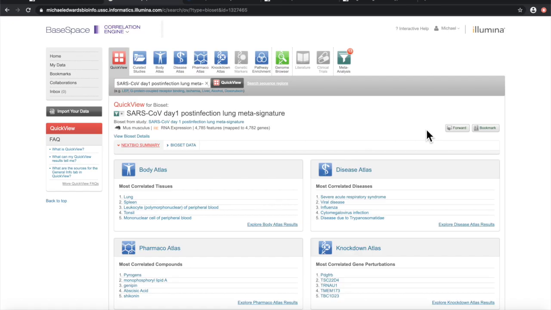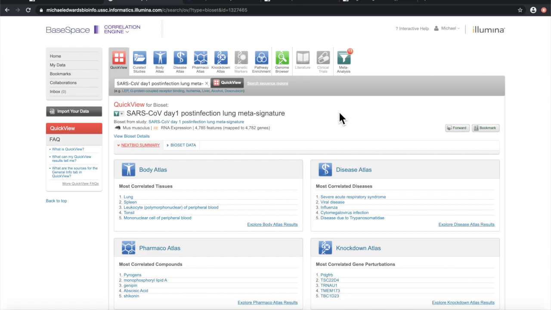As I mentioned in my previous section on collecting the data, I decided to use BaseSpace Correlation Engine because it allowed me not only to identify and download our studies of interest, but I could also use the same program to find overrepresented pathways and biological groups that we can target during early infection.